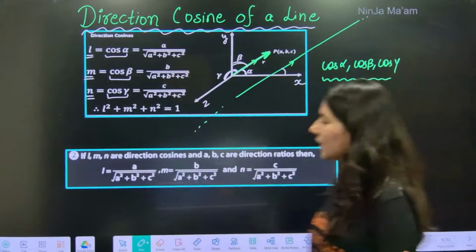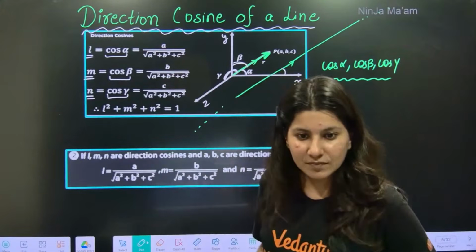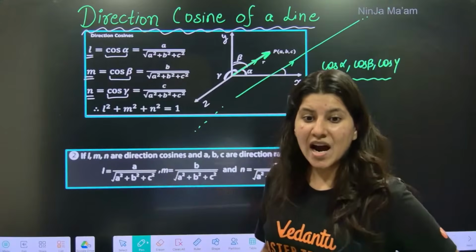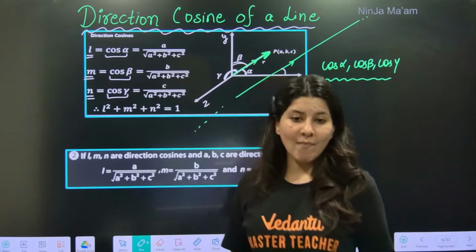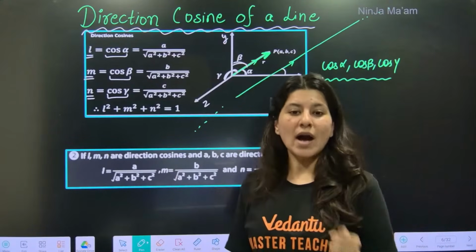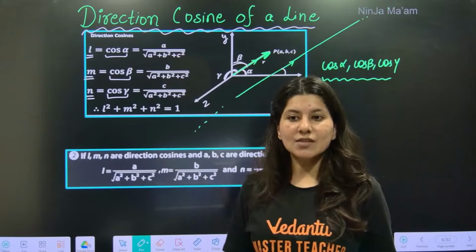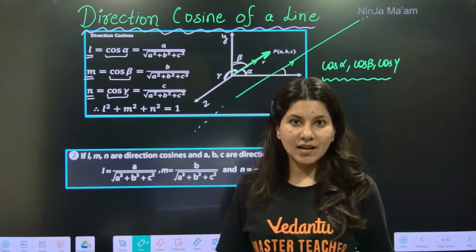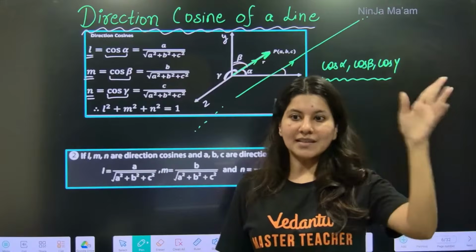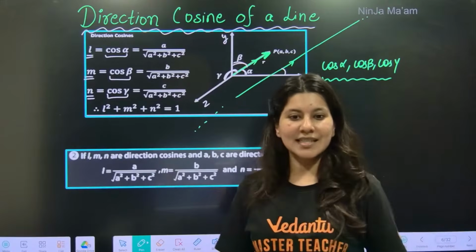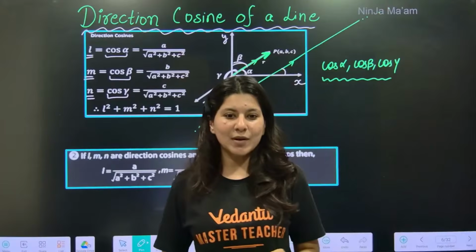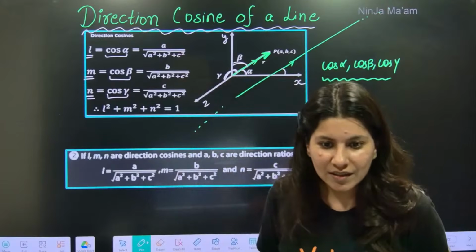Okay. And do not, I will be heartbroken. I am heartbroken seeing you, because I have seen you in my classes since so many days. I was in that thought that okay, this student is serious about JEE. Okay, right?